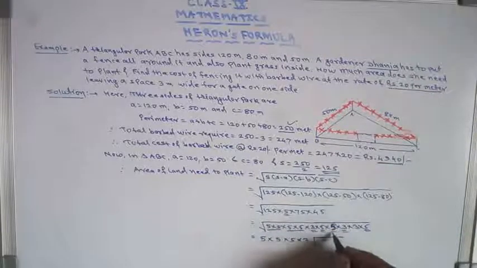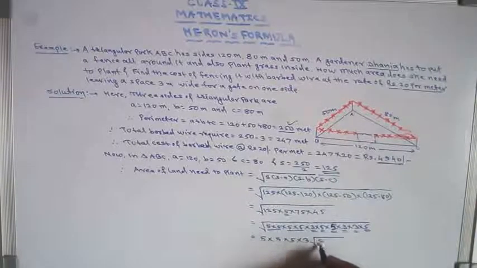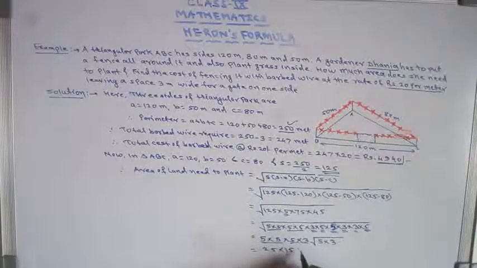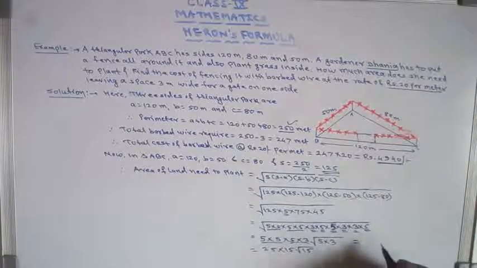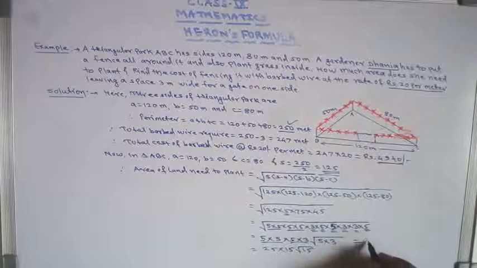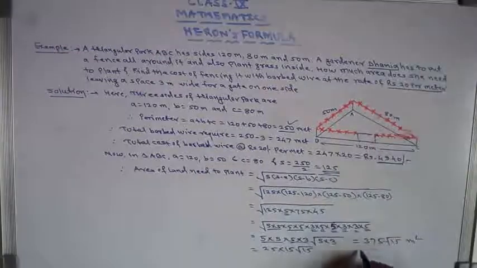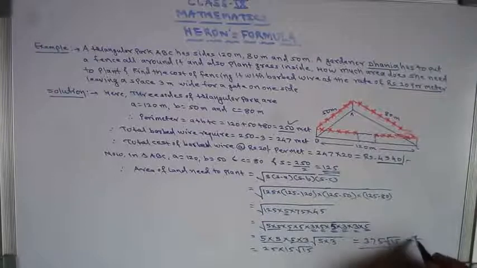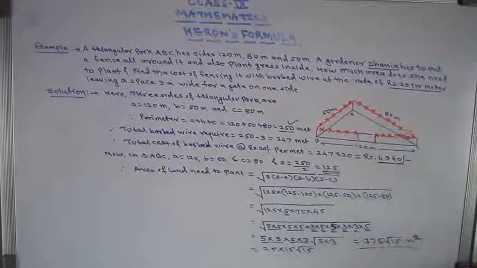Okay, so again this 5 and this 3 are remaining, so 5 into 3, so this is 25 into 15 into root 15, so that is equals to 25 into 15, that is 375 under root 15 meter square. Okay, therefore 375 root 15 meter square area she has to plant. Okay students, thank you.